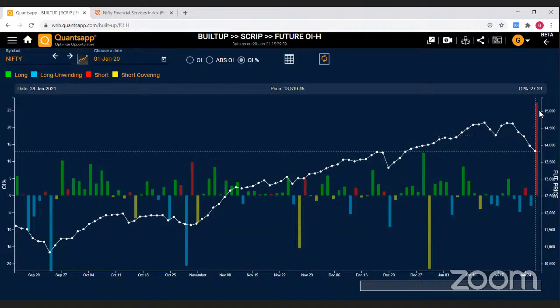The probability of it turning into long unwinding is on the low side, but still we'll see how the data changes. Any other questions, or we can move to the next one.